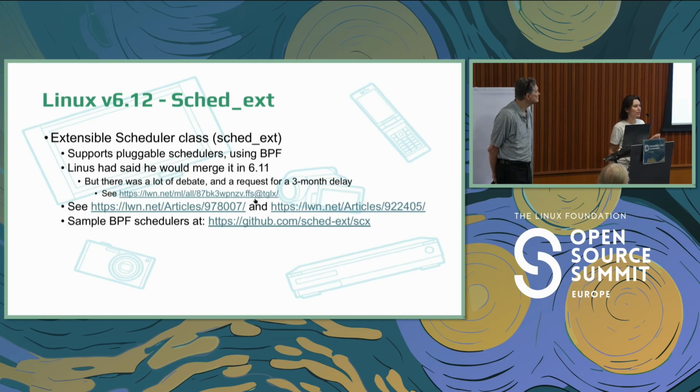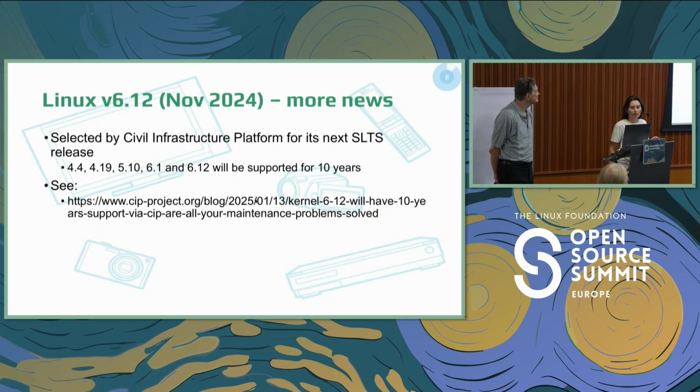And there are a lot of resources that you can use if you want to write your own scheduler in BPF, instead of hacking the kernel and changing things in there. Then 6.12 has also been selected by the Civil Infrastructure Platform for its next very long term support release for the next 10 years. And yeah, they have an announcement on that.